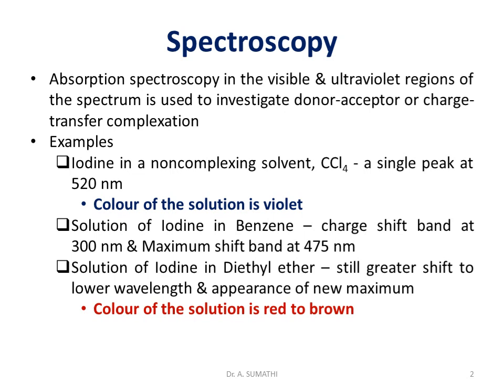In the next slide, I am showing you the graph so that you can clearly understand. In the case of diethyl ether, there is still a shift towards lower wavelength, and we get a new maxima. In the case of benzene and diethyl ether, the color of the solution is red to brown. So we are treating with three solvents: carbon tetrachloride, benzene, and diethyl ether.